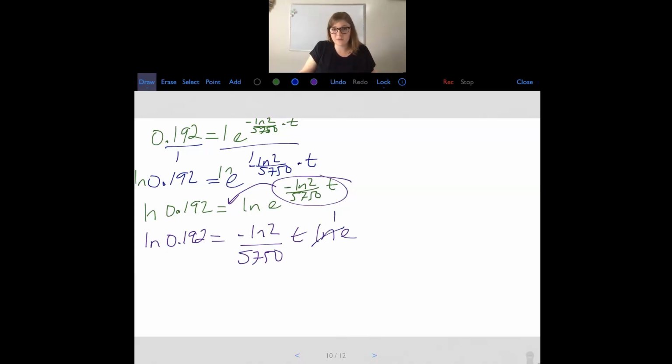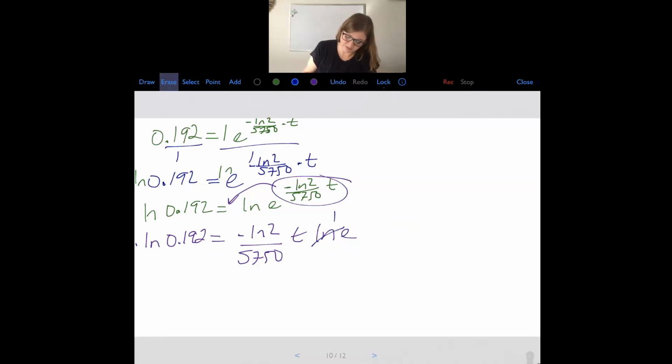So there's a couple different ways you can do this. You can divide both sides by negative ln 2 over 5,750. If you wanted to, you could start out by multiplying 5,750 to both sides and then divide it by negative ln 2. Whatever you decide is completely up to you.